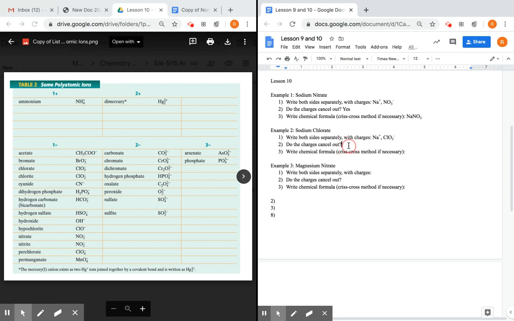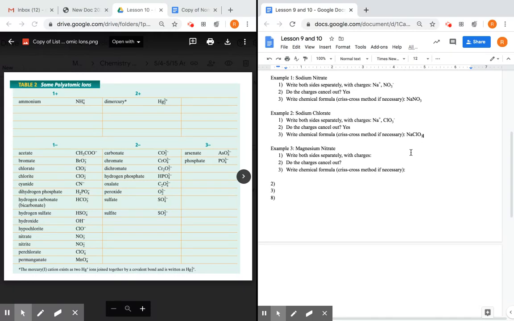Do the charges cancel out? The answer is yes, they do cancel out because it's just a plus and a minus. And then we're just going to type this whole thing out because this one-to-one ratio is going to cancel out the charges. So NaClO3. There we go. That is a neutral ionic compound.